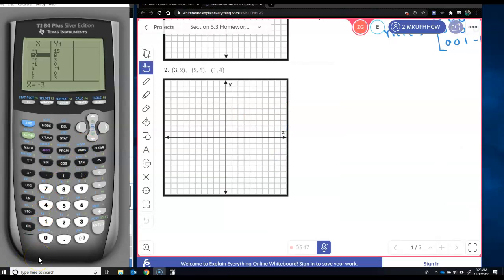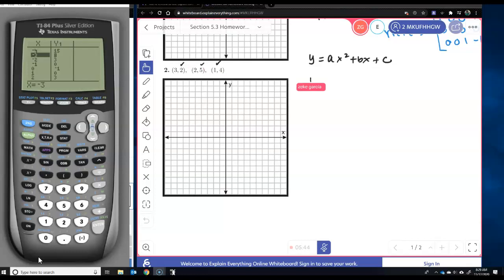We're going to do number 2 the same way. We're going to use the standard form of the equation, which is written as y equals ax squared plus bx plus c, to come up with the system, and we're going to use each point to come up with an equation.